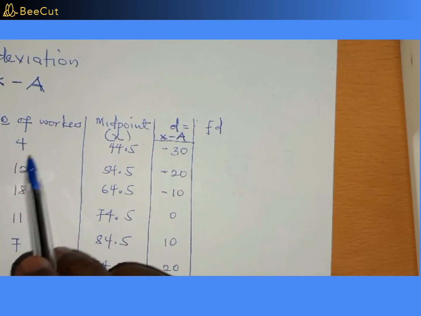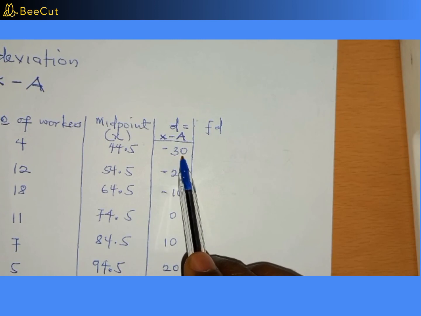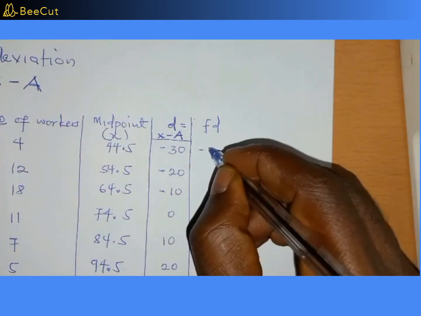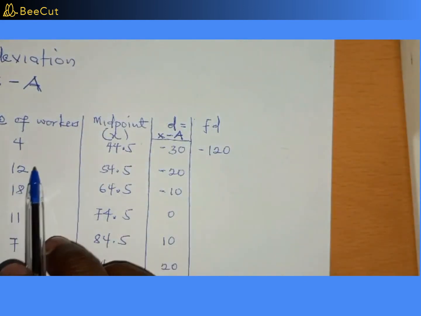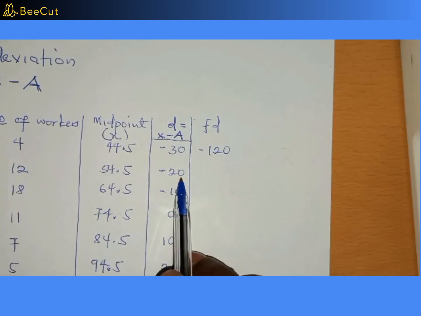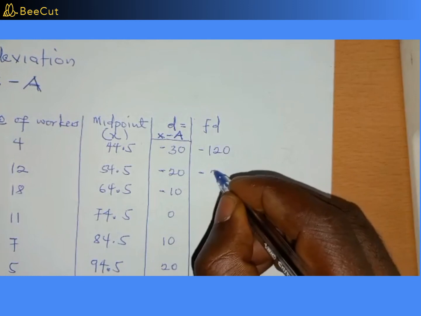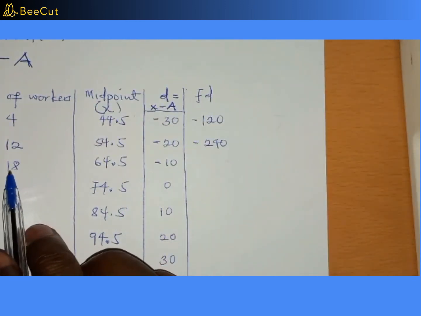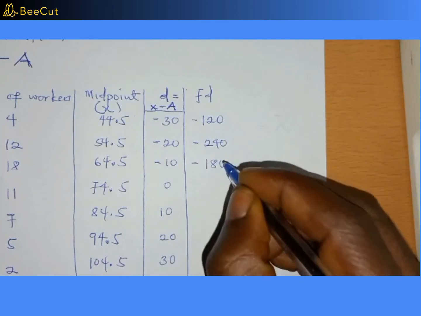You pick the first frequency, which is 4, and multiply by the first deviation, that is minus 30. When you multiply this, you get minus 120. Then you do the same thing. The next one will be 12 times minus 20, and that gives us minus 240. We continue with 18 times minus 10, that gives us minus 180.